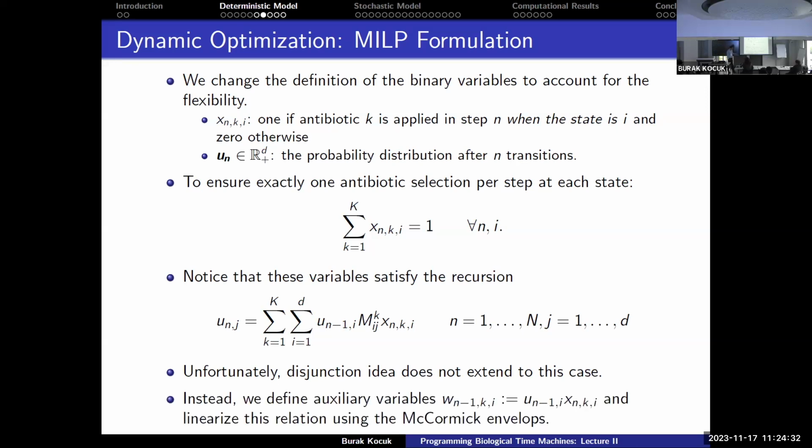But luckily, there's a well-known technique in optimization to linearize the product of a continuous variable U, remember, U's are the probabilities, which can take any value, and a binary variable, X. So if you multiply a bounded continuous variable times a binary variable, you get an equivalent linear formulation. There's a known technique.